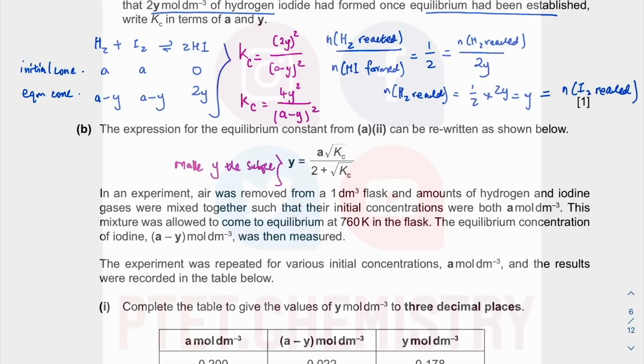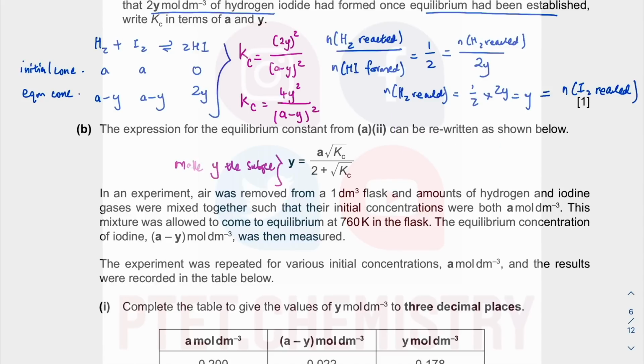So if I start from here, this is not what the question asked, but I'll just do it anyway. So Kc times A minus y squared is equal to 4y squared. Am I doing this correctly? No, I'm not doing this correctly at all. It's not as easy as that. Okay, probably I don't want to do that.